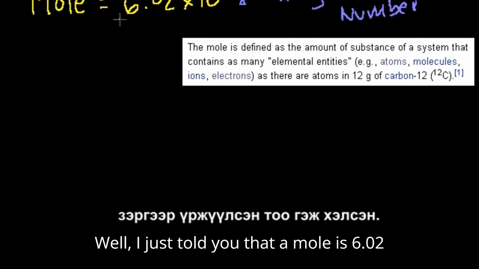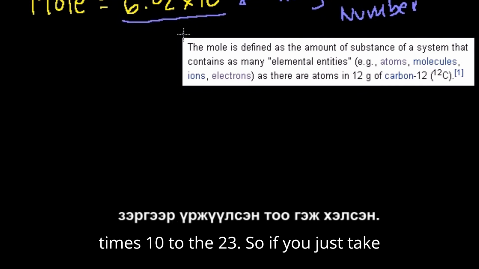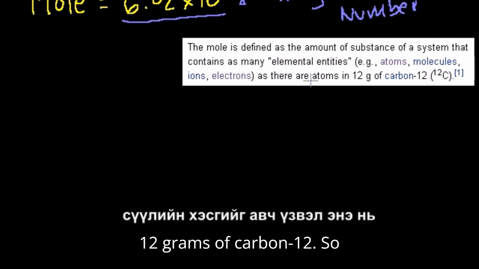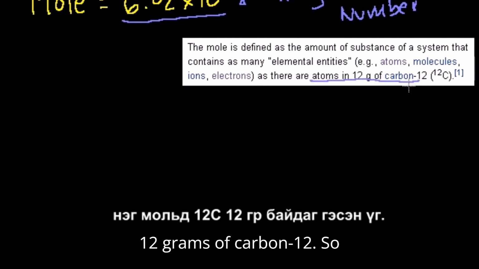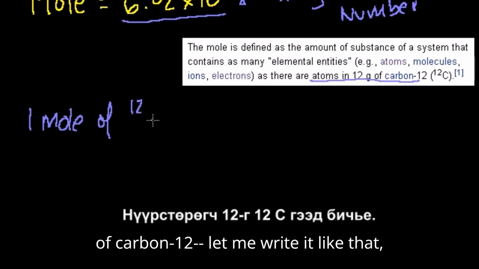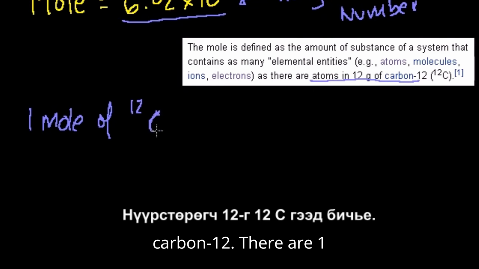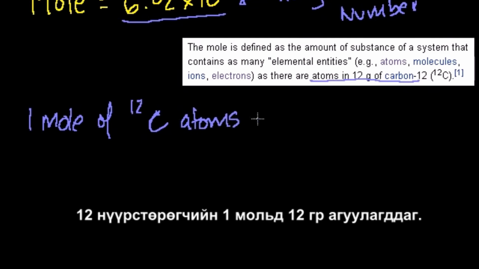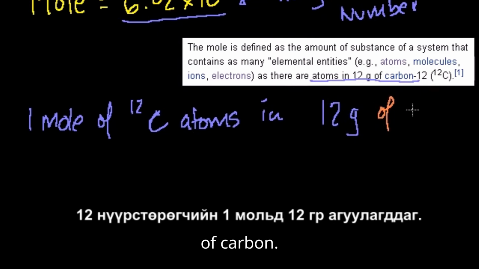Well, I just told you that a mole is 6.02 times 10 to the 23. So if you just take the last part, atoms in 12 grams of carbon-12, that means that there is 1 mole of carbon-12 atoms in 12 grams of carbon.